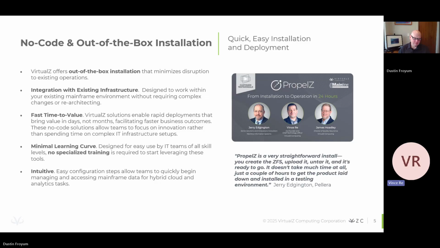So it's really as simple as apt install PropelZ, and you're up and running at that point. So very, very easy to get going that way. If you've got connections to the target databases you want to use, you can just keep right on reusing them. There shouldn't be anything different that we need.